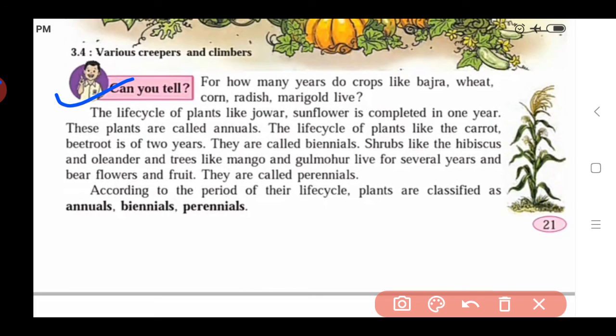And shrubs like hibiscus and oleander, and trees like mango and gulmohar. Some types of plants like shrubs and trees live for several years and bear flowers and fruit. So such plants, that is trees and shrubs, we call perennial plants. Means according to the period of their life cycle, these are classified as annual, biennial and perennial.